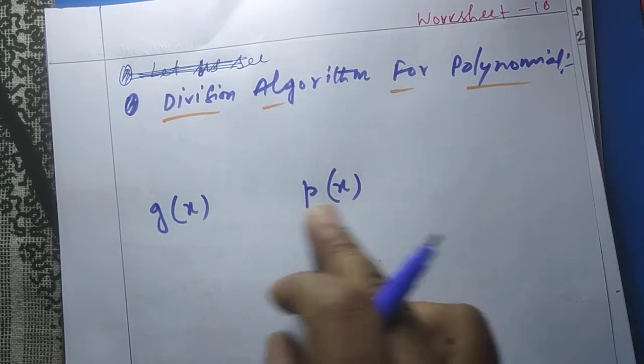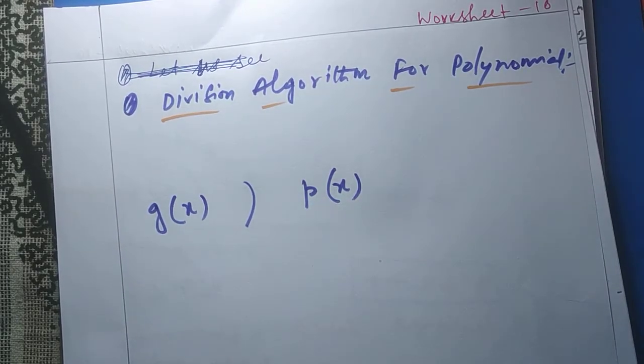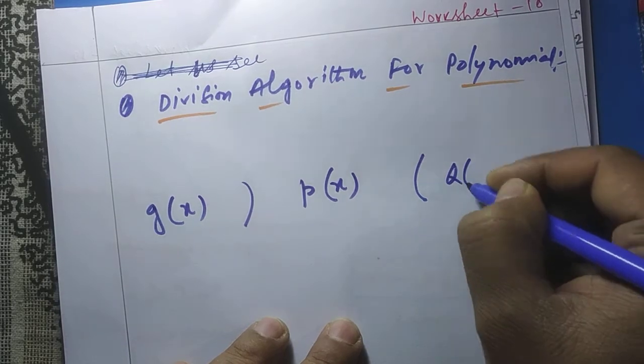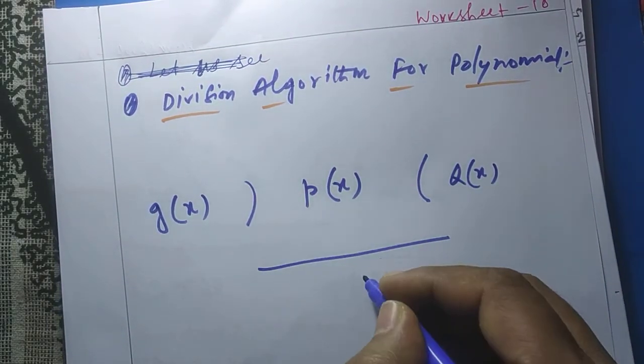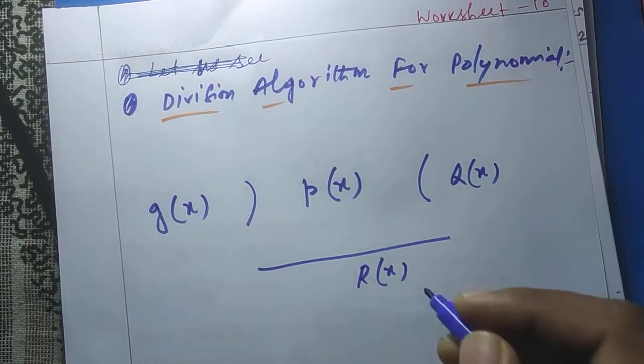Now we have to divide this p of x by g of x. Since we are dividing, we must get a quotient after dividing. Let the quotient be q of x, and after that we may get some remainder, that is r of x.